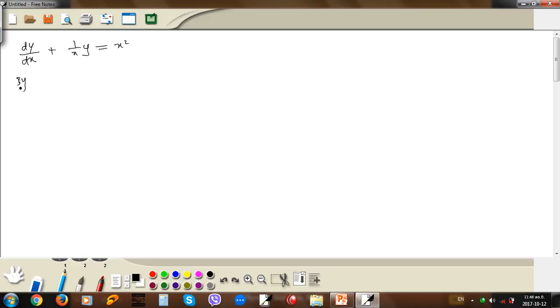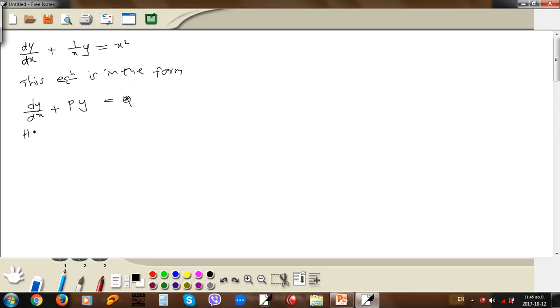By comparing, this equation is in the form dy/dx + py = q.